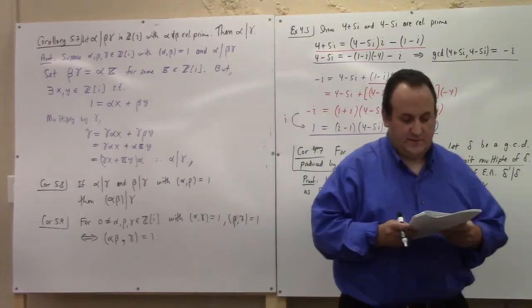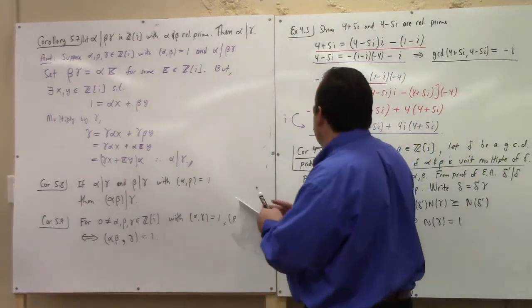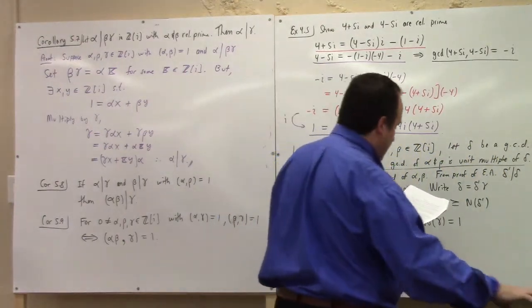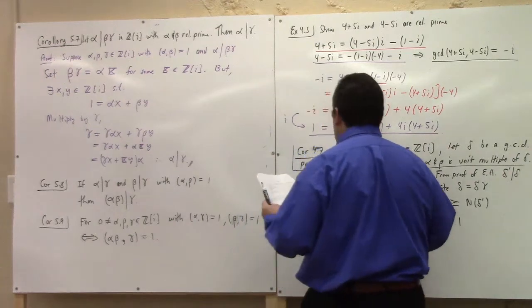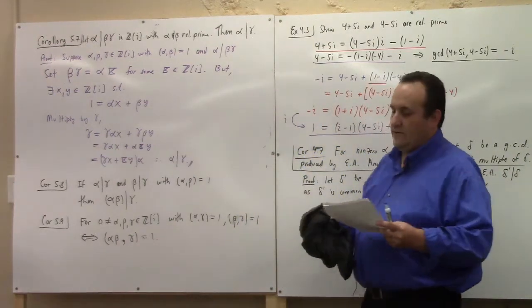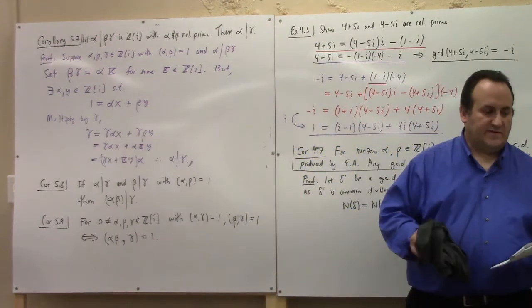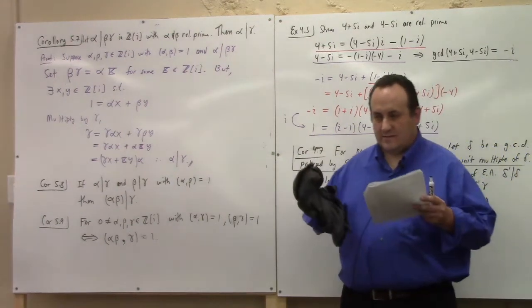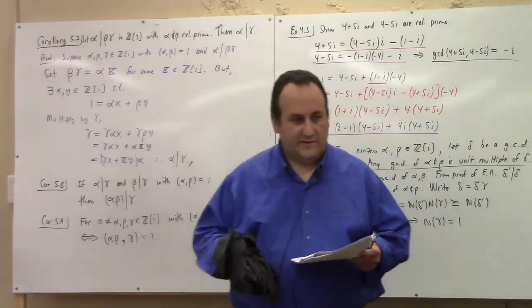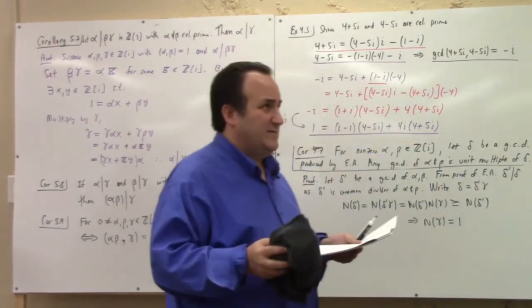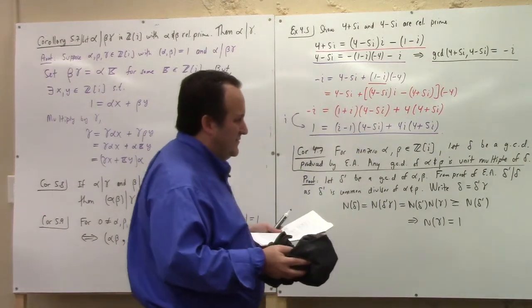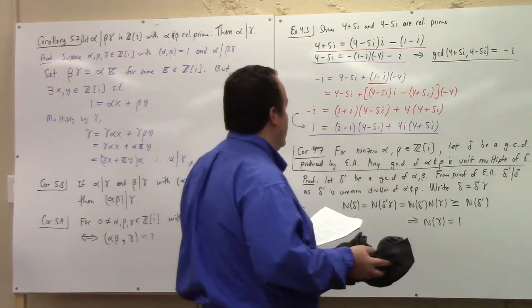This brings us to the next section. There are other number systems that are very much like the Gaussian integers. Up to this point, the things we've done for the most part can be mimicked in other systems. Well, that's not quite true.